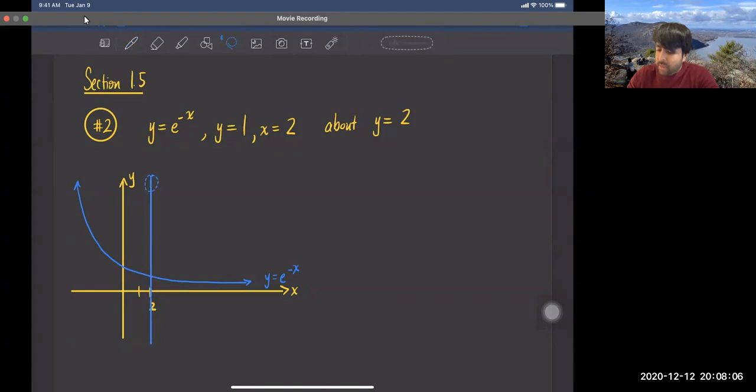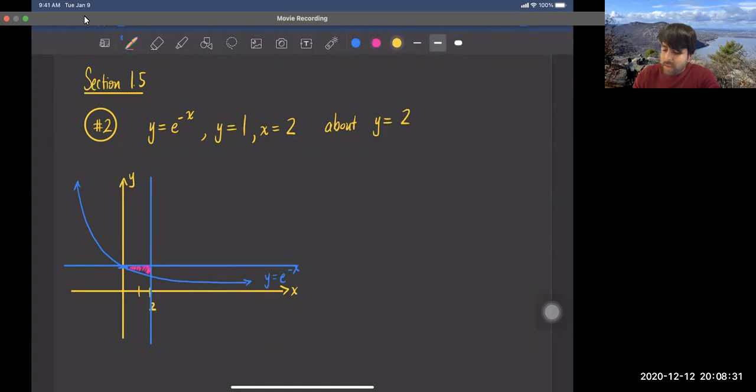And then what else do we have? Y equals 1, right? So y equals 1 is this line here. I should have made it a little bigger. So then what's the region that I'm considering? I'm considering this region here.